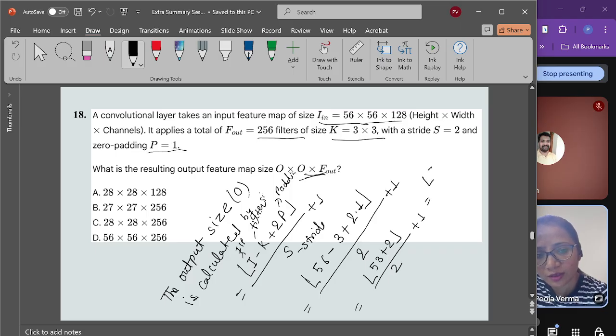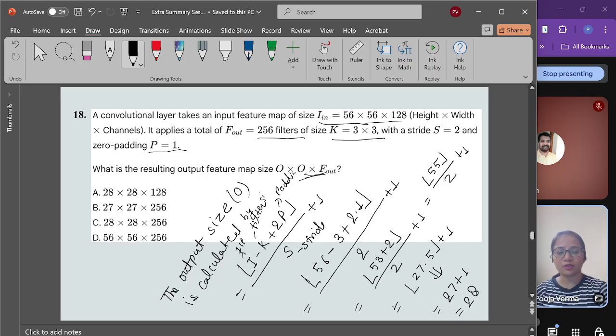Overall you will get 55 divided by 2 plus 1. Here you will get 27.5 plus 1. So we can write it as 27 approximately plus 1. So here you will get 28. So our output size will be 28 multiplied by 28.